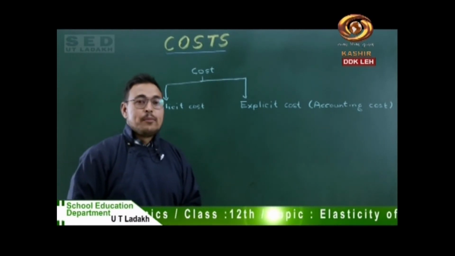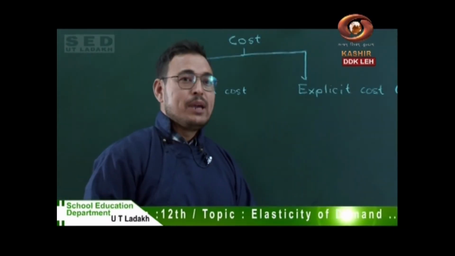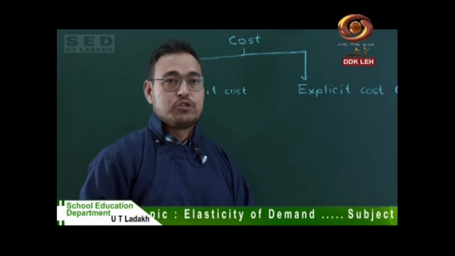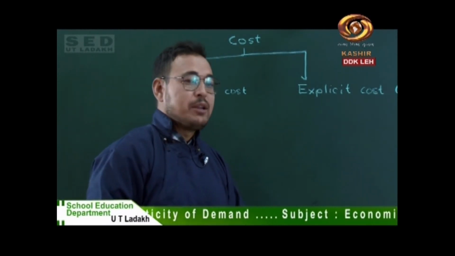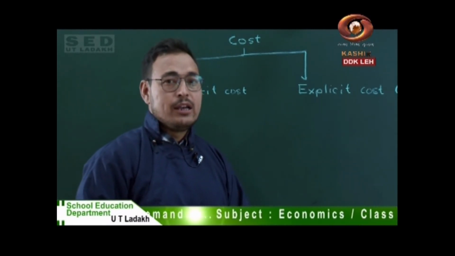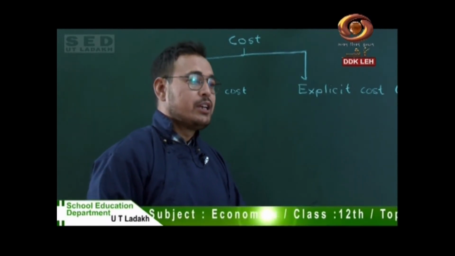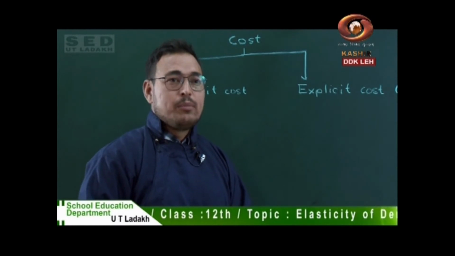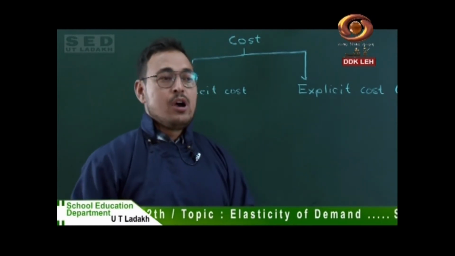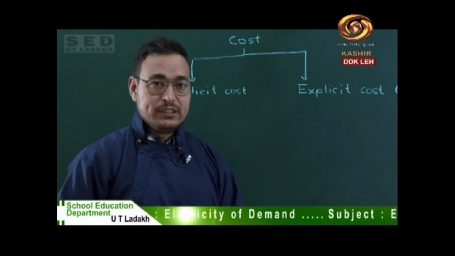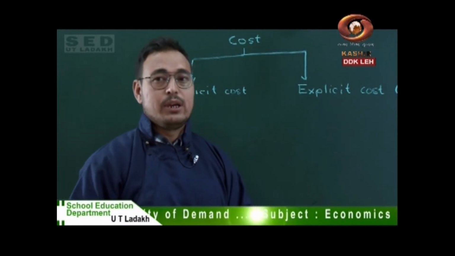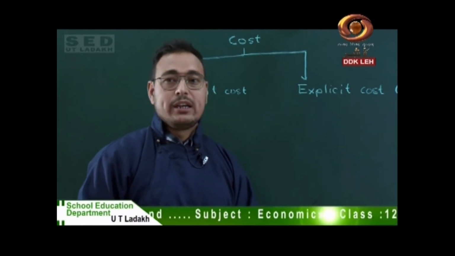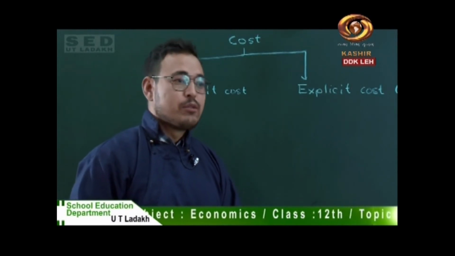For example, me being a teacher, I might have two options. First, I might be working as a teacher, so I will be getting say 50,000 rupees. But in that place, suppose I start my own business, and for that I might be employing labor and some raw materials.